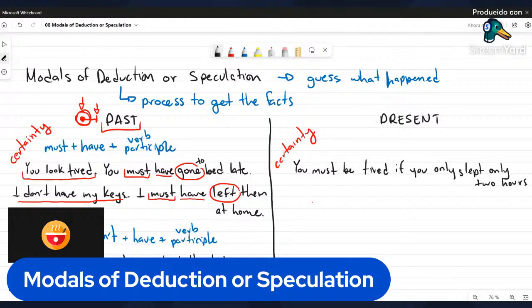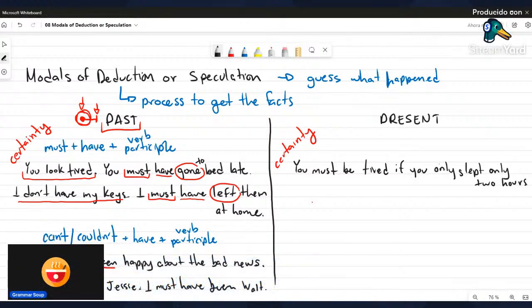That's not enough. So that's why we can say that when you are making a deduction in the present, yes, I'm using the modal verb must. And after that, I need to use the base form of the verb.